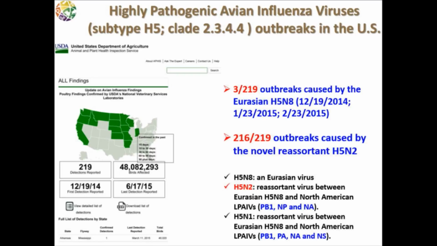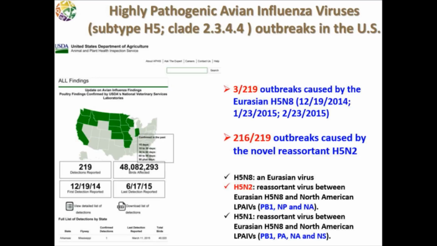Recently, we had a chance to test this technology during the H5N1, or H5NX, outbreak. As you all remember, last year in the United States there was a big outbreak of avian influenza virus.